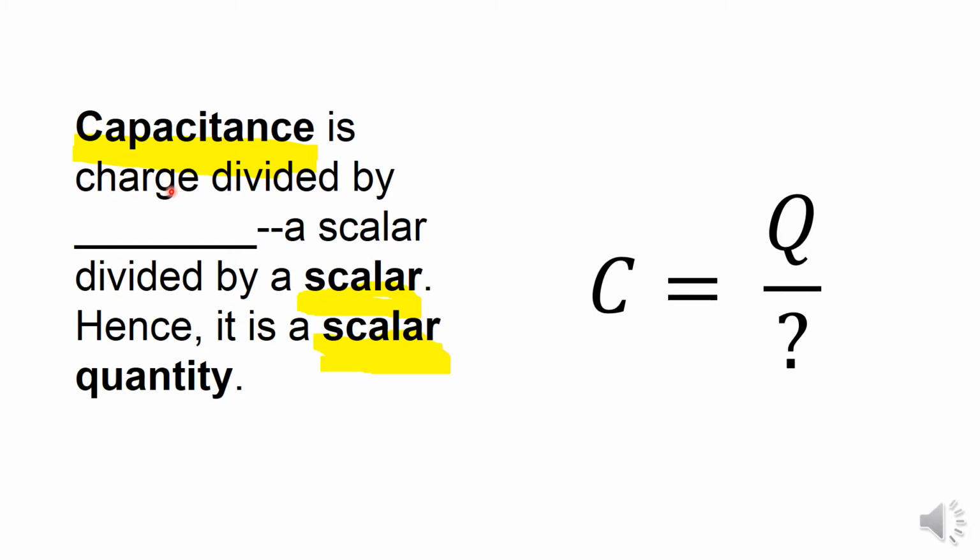Capacitance is charge divided by blank. A scalar divided by a scalar, hence it is a scalar quantity. So what divisor goes into the dividend charge to yield the quotient capacitance? I'll give you a moment.